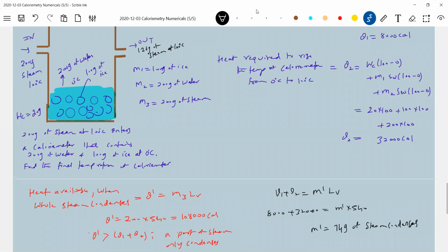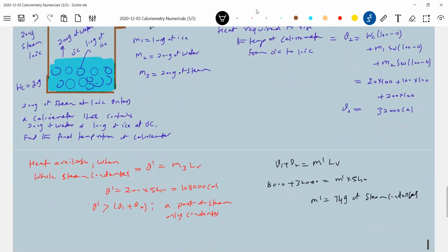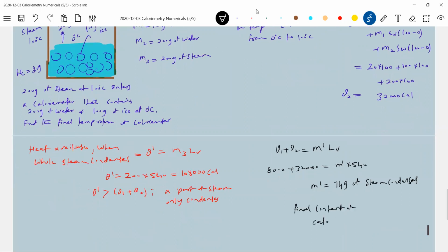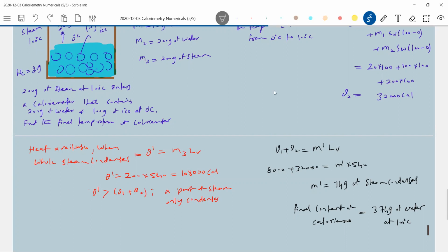So what will be the final content of the calorimeter? 374 grams of water at 100 degrees Celsius. Do you agree with this one? I think that's the total. This is what we did.